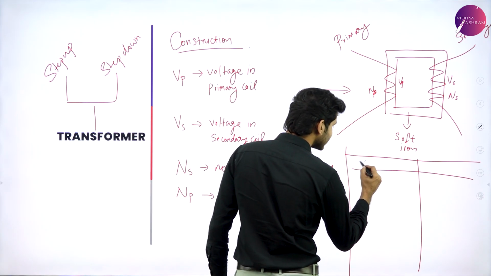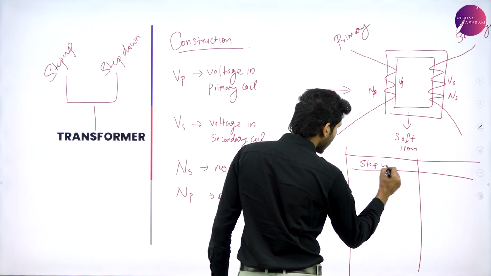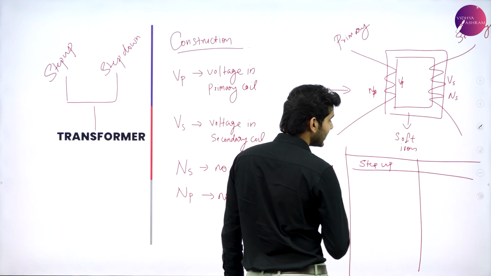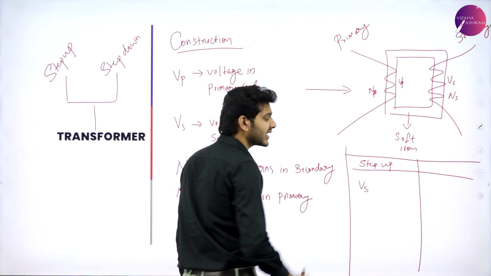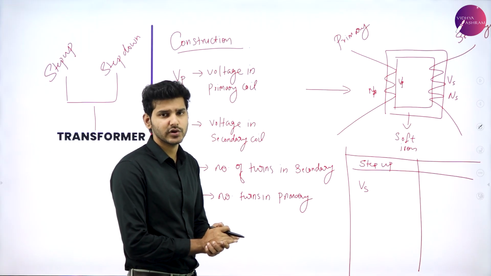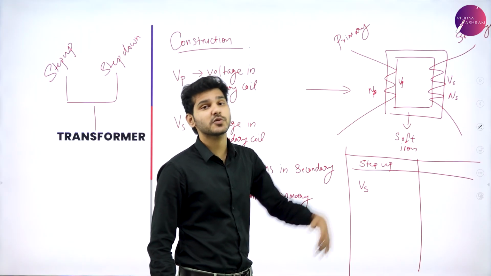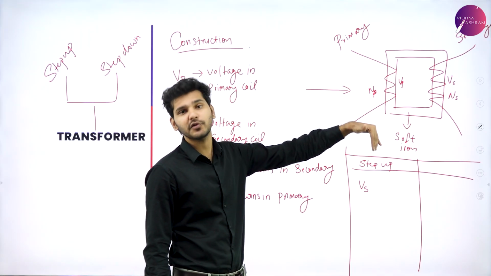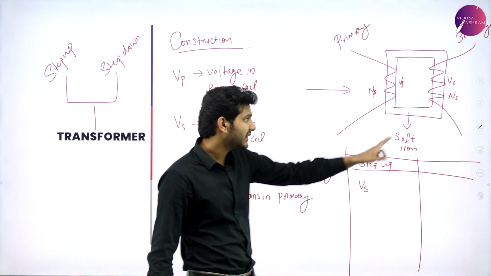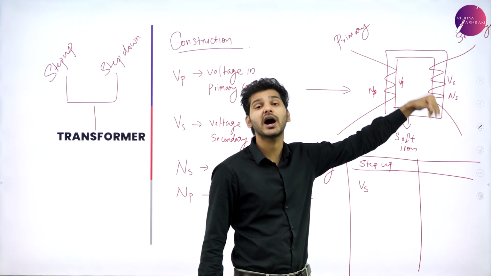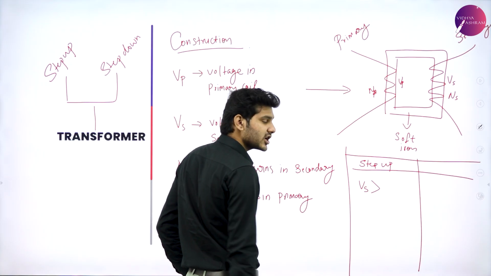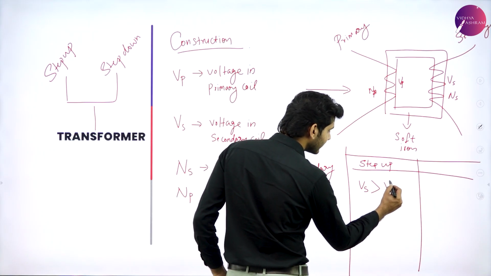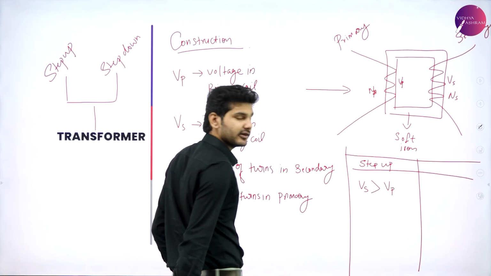So if it is a step up transformer, let's start from voltage. A step up transformer means that it is increasing the voltage, right? So obviously the output voltage should be high. We can say that the voltage in the secondary coil should be greater than the voltage in the primary coil.